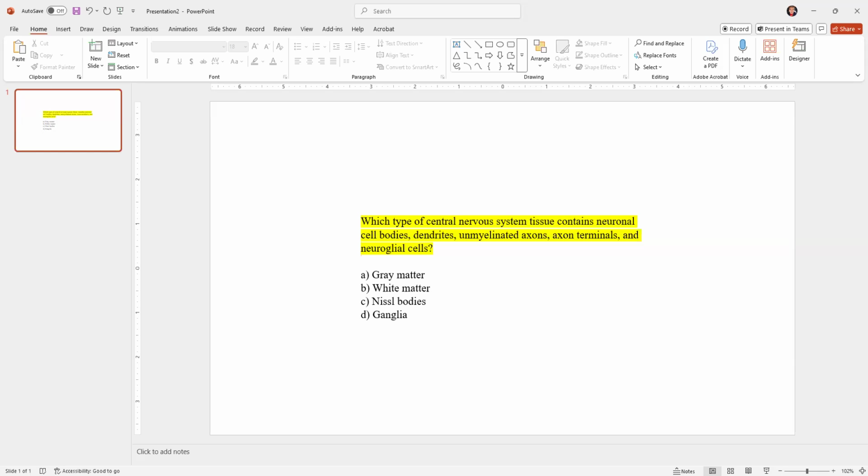I feel like I just went over this. Oh my gosh. I want to say it's one of the matters. I was thinking white matter, but I'm probably wrong. I just went over this like literally this weekend.